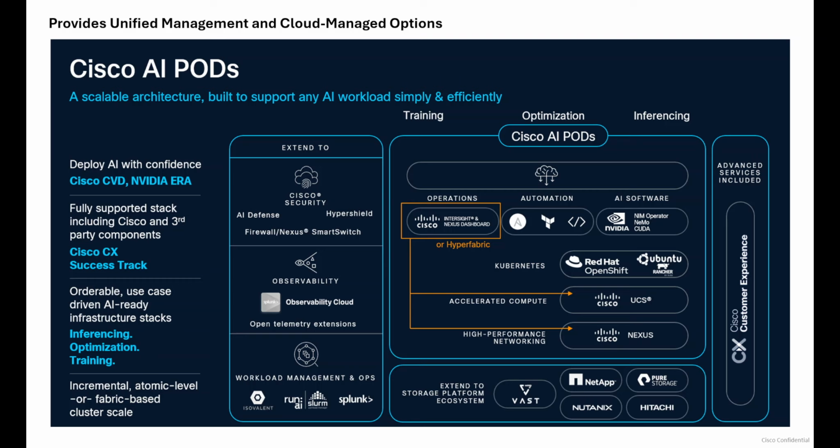Okay. Now, from a cloud managed options perspective, I already mentioned Intersight is a SaaS offering fully maintained by Cisco, which means customers don't have to manage their management platform, right? Your management platform becomes another point in your infrastructure that you need to upgrade and test.